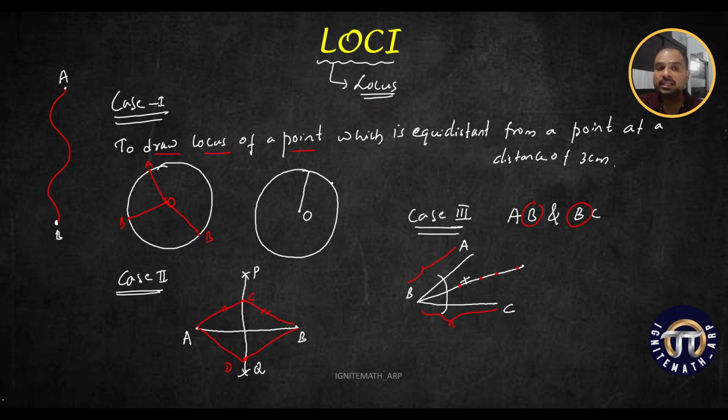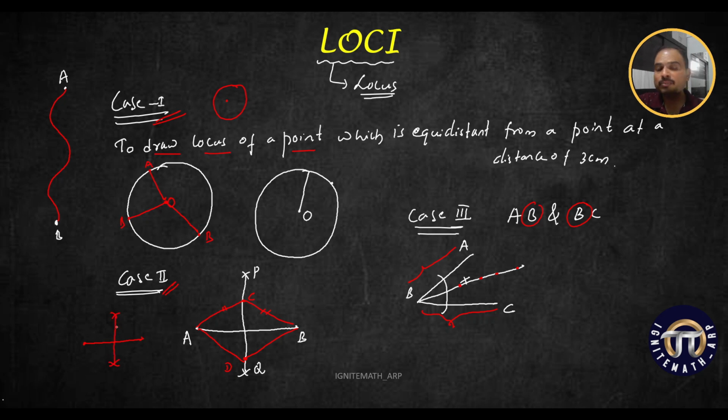So what are the three cases? In case number one, to draw the locus of a point from a single fixed point, you have to draw a circle. To draw the locus of a point from two distinct points, draw a line connecting those two points and draw the perpendicular bisector.